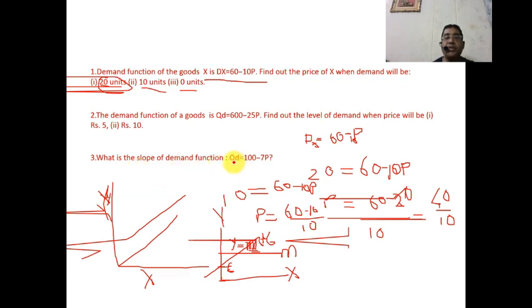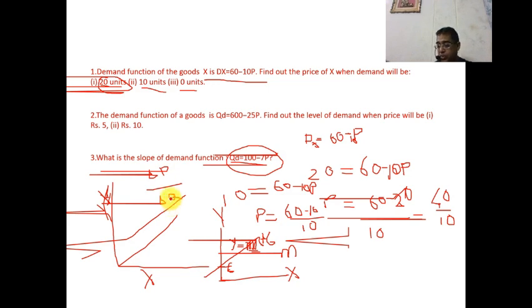You have to differentiate Qd equals 100 minus 7p, but we have to find the slope of the demand function, which is given by delta p divided by delta q. So first find p.